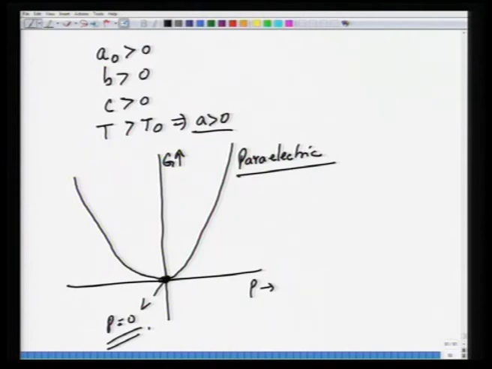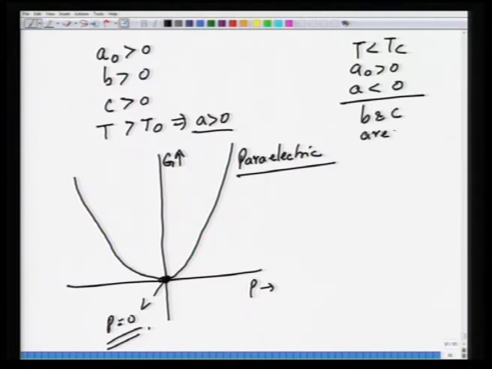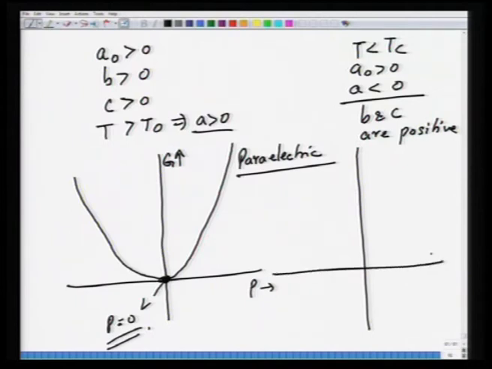However, when T is less than Tc, since A naught is greater than 0, A becomes less than 0, and what it also means is that both B and C are positive. So if both B and C are positive, then you again plot the free energy versus polarization, then you get two minimas.